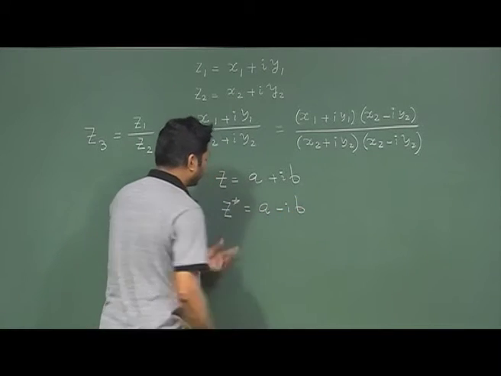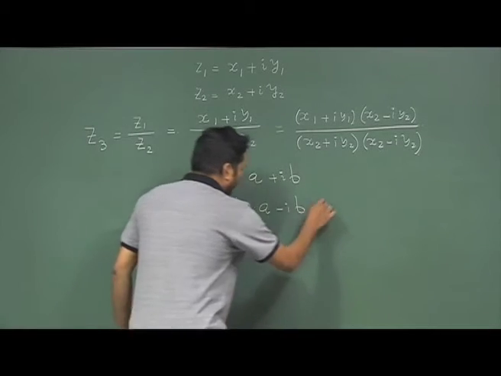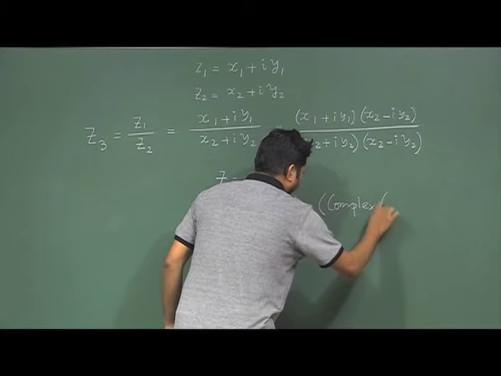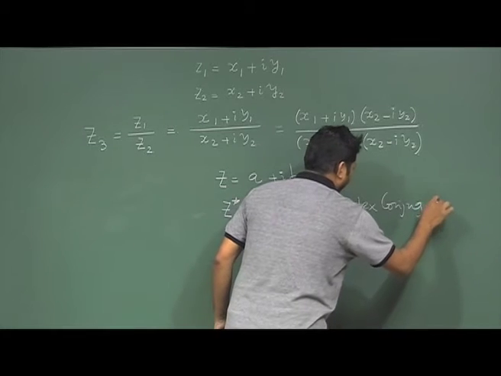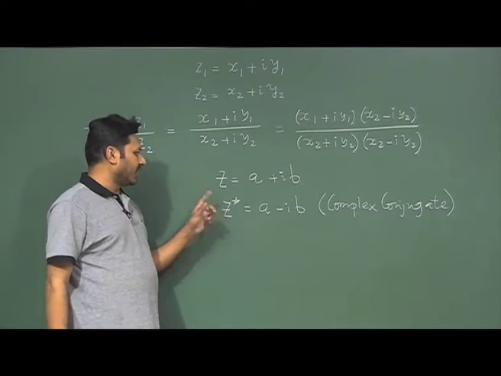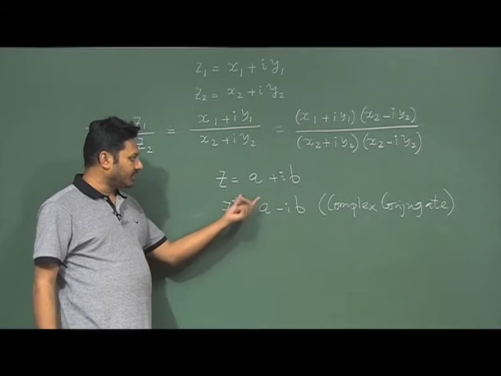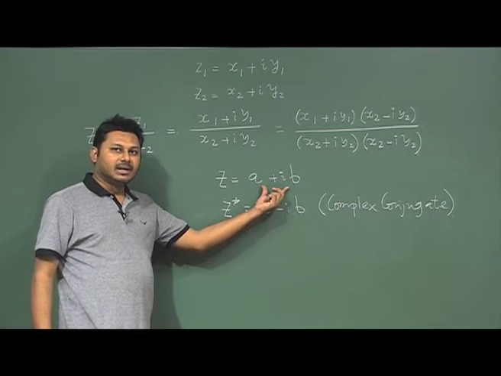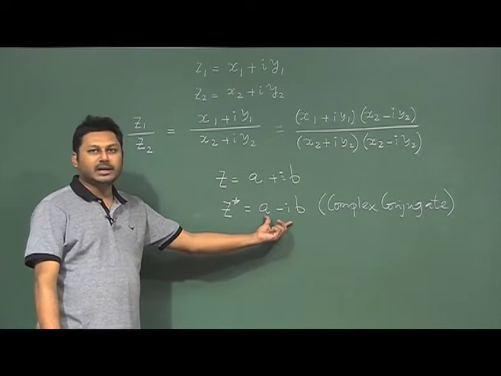Complex conjugate is something where I should be replaced by minus I. So, every complex number should have a complex conjugate, because every complex number can be represented in the form A plus IB, and then we should have another quantity A minus IB.